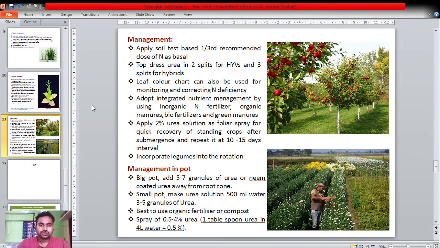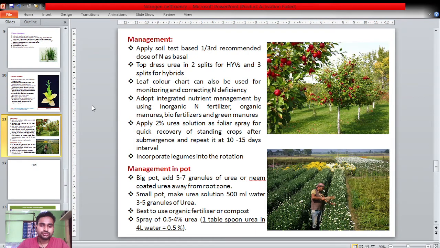And we can also go for legume plantation, because legumes or pulses, also called dal, can accumulate nitrogen in their roots. So we can go for that also.